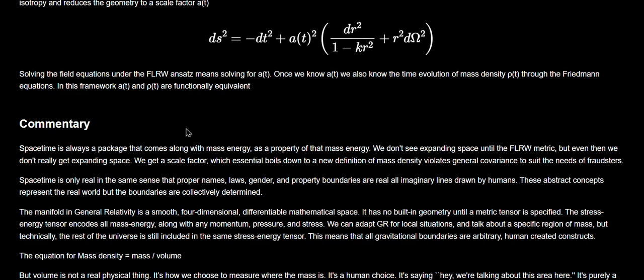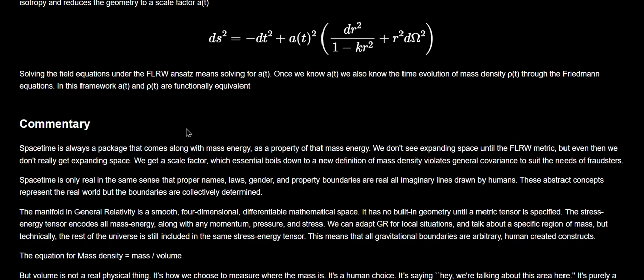With the Friedman and the FLRW metric, we obtain this thing that is called a scale factor. The nutballs go nuts over this. They act like it's perfectly fine, that this doesn't violate general covariance. But essentially, what they've done is they've created a new definition for mass density.